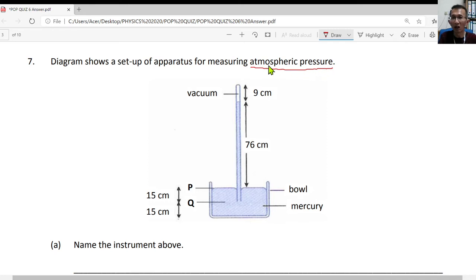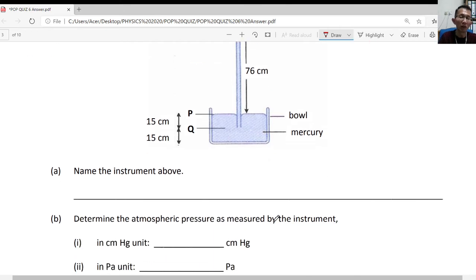Remember that for atmospheric pressure we have a unit called bar. All right, so this instrument is called a barometer. So name the instrument: this is a barometer, or you can also say simple barometer.